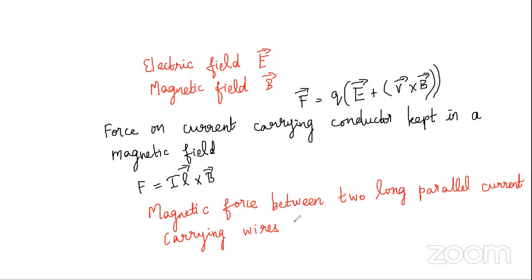So for this, you need to draw a diagram. Here you are having two long conductors, both separated by a distance d.